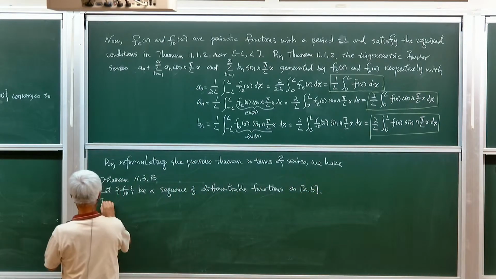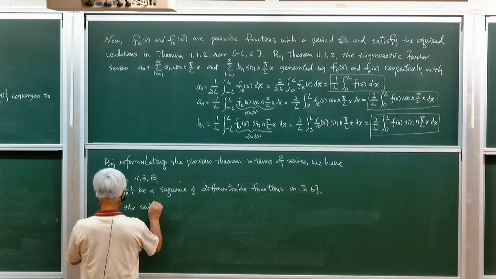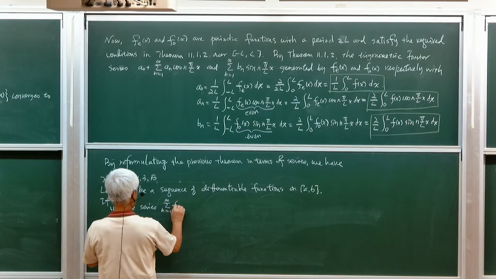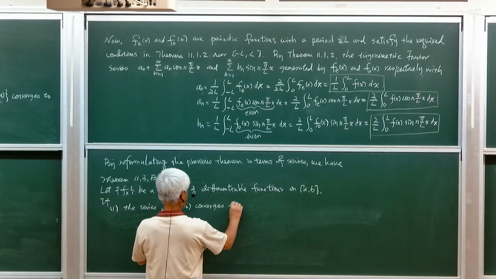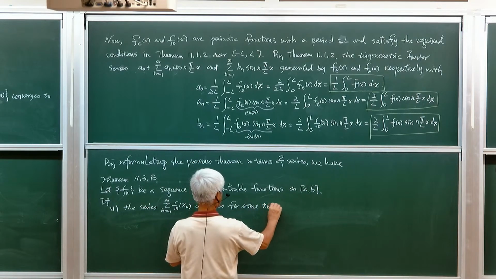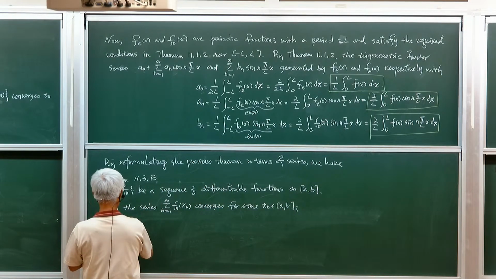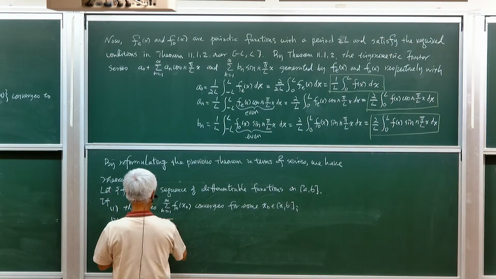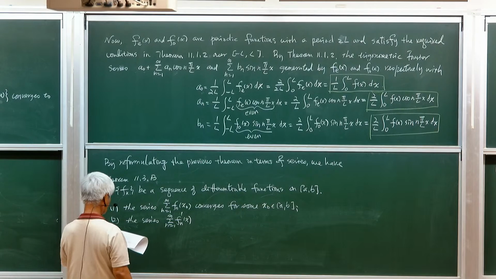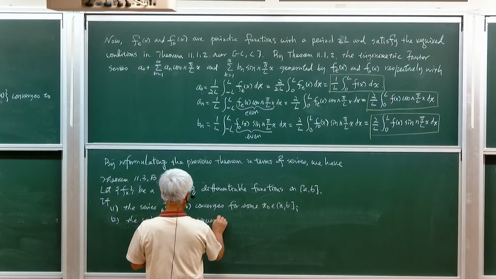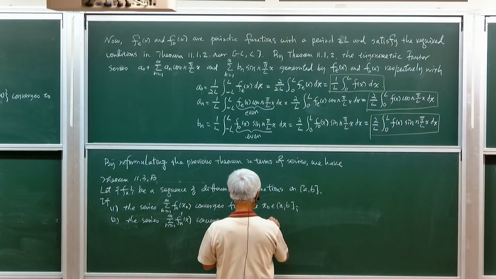If, first, the series, summation n from 1 to infinity, f sub n of x0 converges for some x0 in the finite closed interval AB, and second, the series of the derivatives converges uniformly on AB.